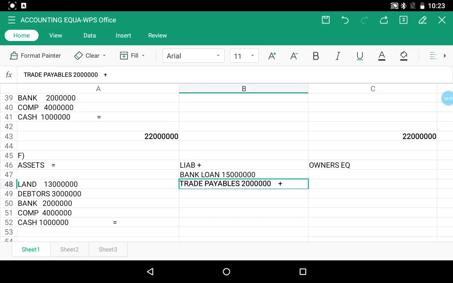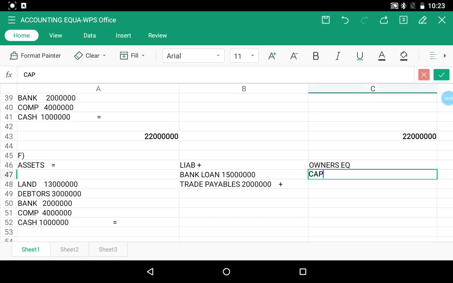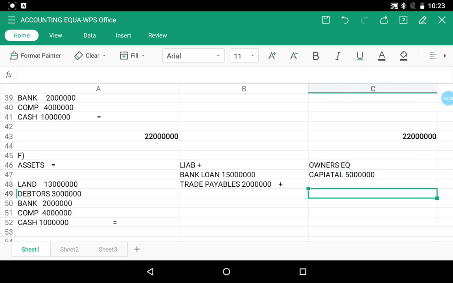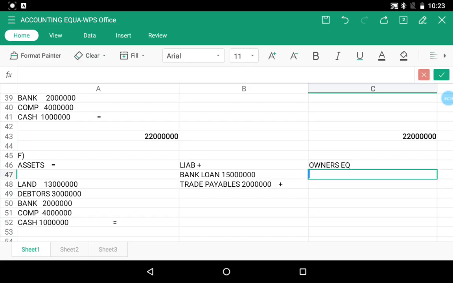Now we go to owner's equity. Our owner's equity, we have said we have capital, still capital of 5 million.